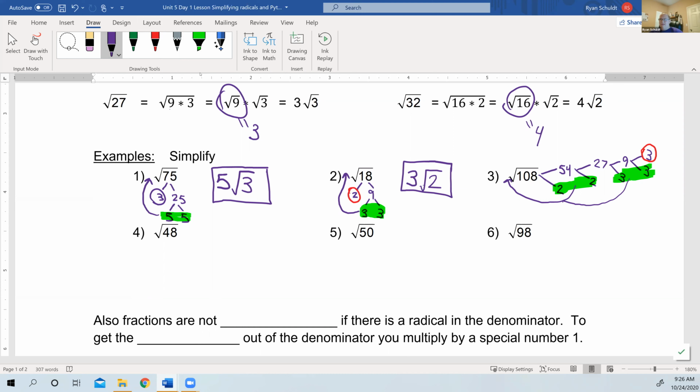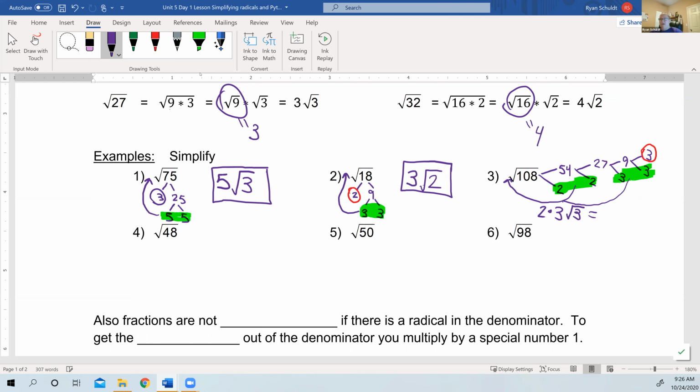So now this is going to give me 2 for my first pair times 3 for my second pair times the square root of who stayed home? That 3. Now I got to simplify this outside.